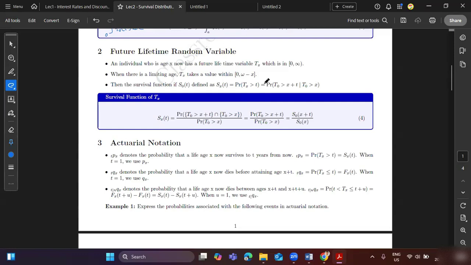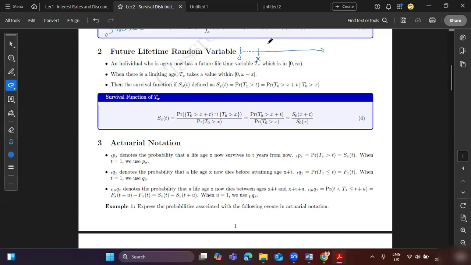We don't know that age exactly because it varies depending on the customer. So 0 is somewhere in here. After X years, the customer comes to the company to buy this product. So now we start calculating.